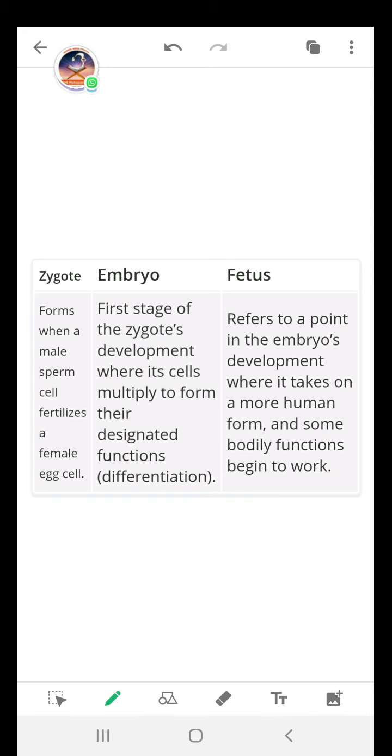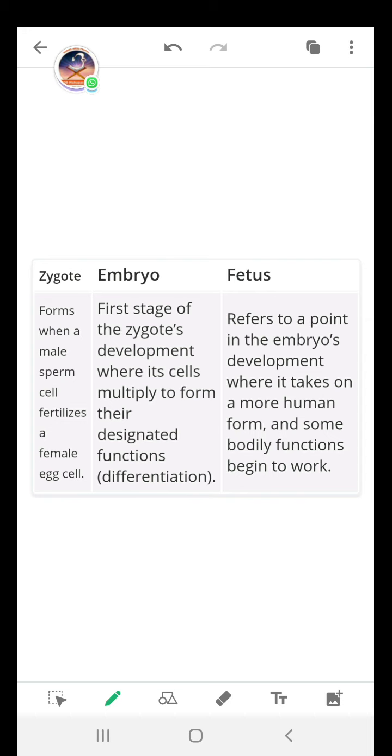So zygote, you know very well, is formed by the fusion of male and female gametes, that is sperm and eggs. And embryo is formed by the repeated divisions of the zygote, and fetus is formed by the growth and development of the embryo.